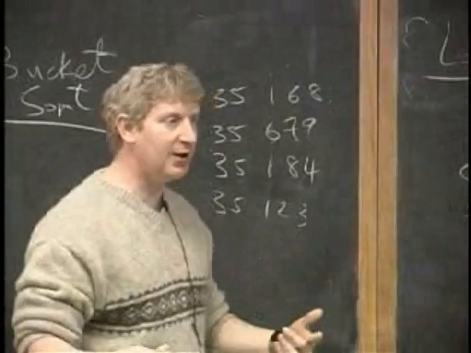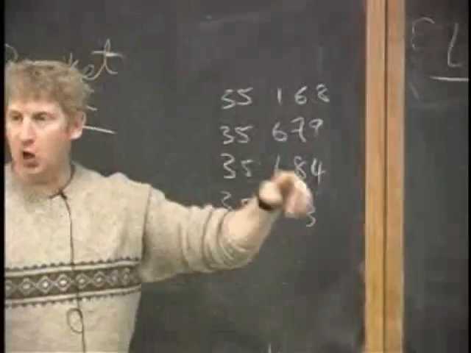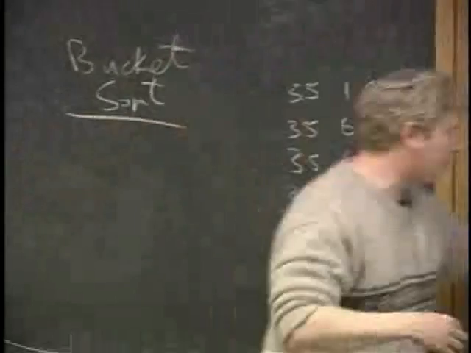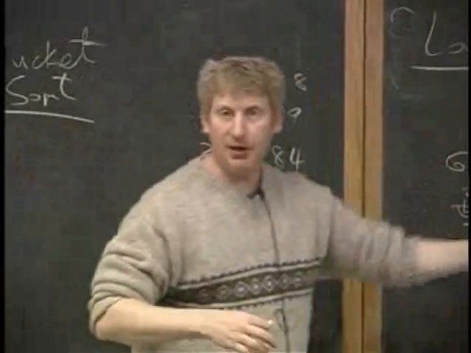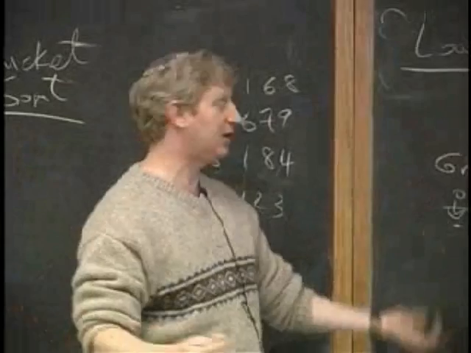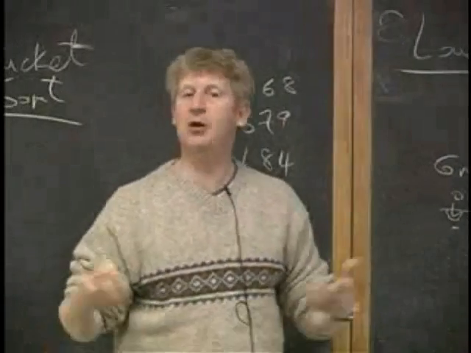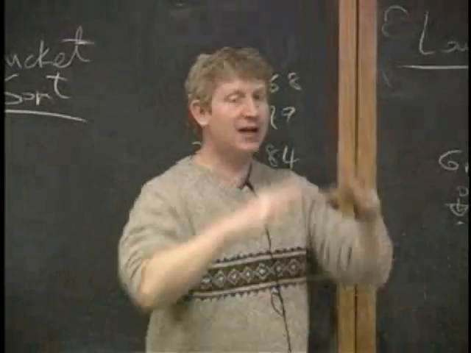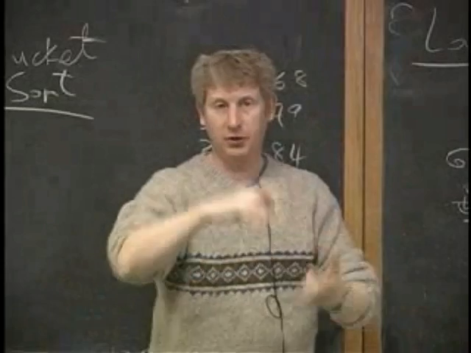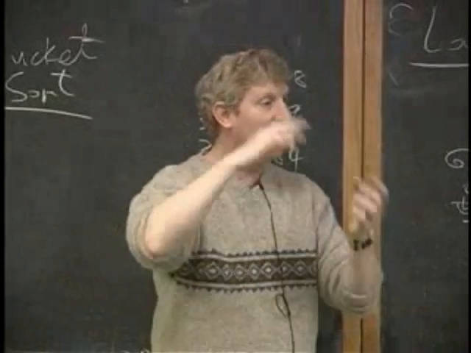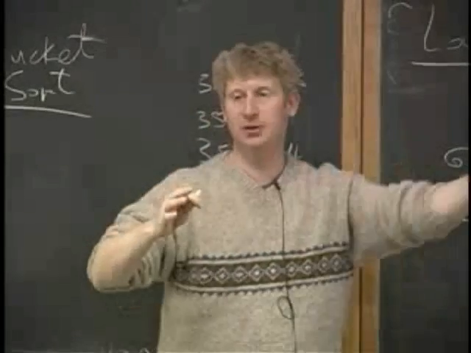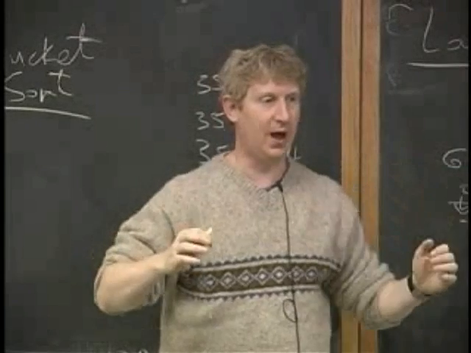So if you do the hairy analysis, averaging over the probability distribution of where these numbers end up, generally speaking, let's consider the best case. The best case is that you get 1 in every interval. Then there's no sorting to be done. But generally speaking, what you tend to do is get a constant number in every interval. So the sorting step is basically a constant number times the number of intervals you have.